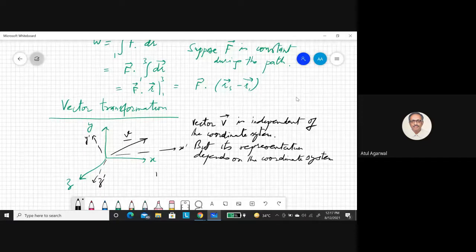So vector V, for example, I will say is v1 i plus v2 j plus v3 k.